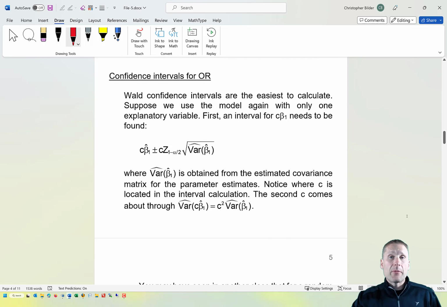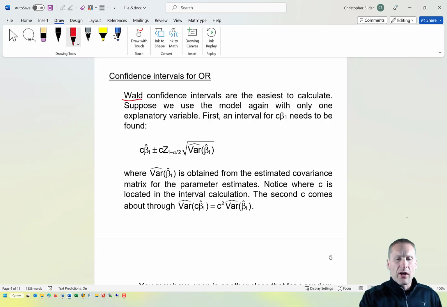Okay, let's talk about making inferences to the population version of our odds ratio. So we're going to be talking about doing confidence intervals. Now, similar to what we saw in chapter 1, where we needed to find a confidence interval for a particular quantity, then make a little transformation of it to get it into an odds ratio scale, we need to do the same thing here.